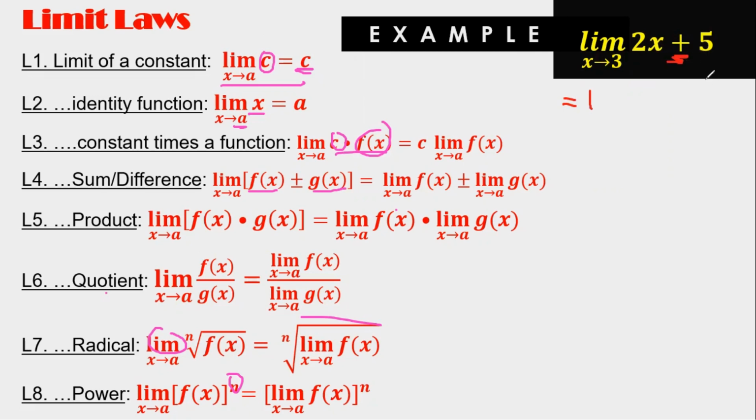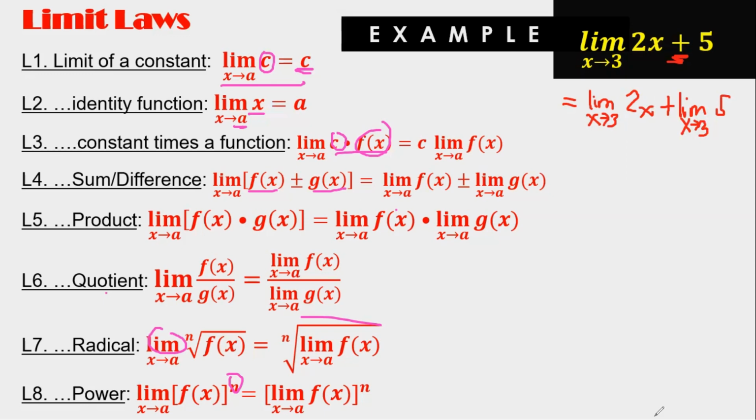So limit of 2x as x approaches 3 plus, like what I've said, you have to add limit to all the terms, plus limit of 5 as x approaches 3. As you can see, we just applied the limit laws here.